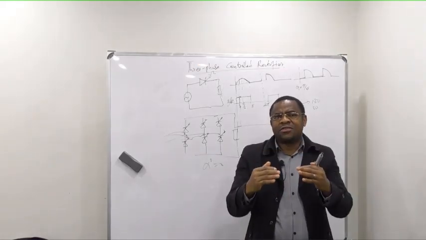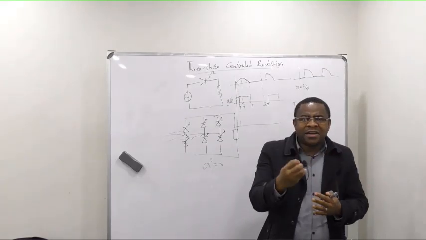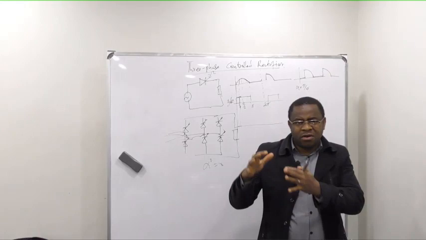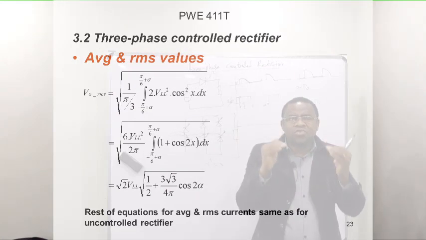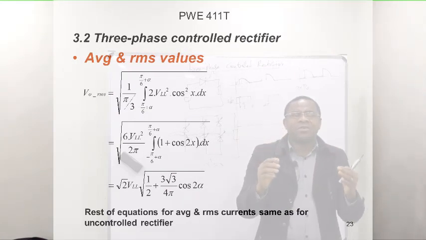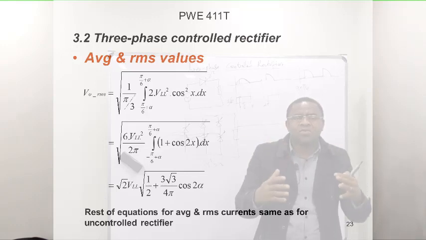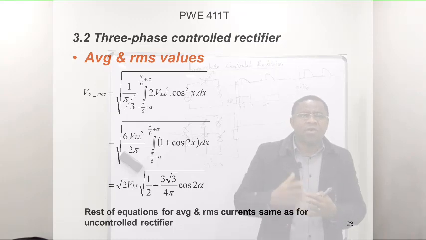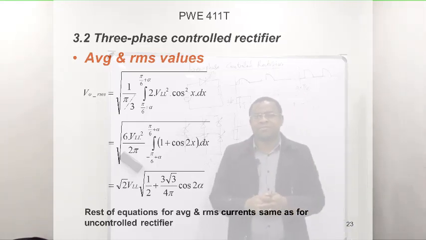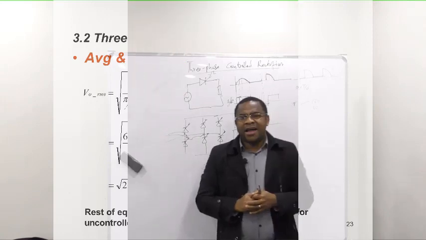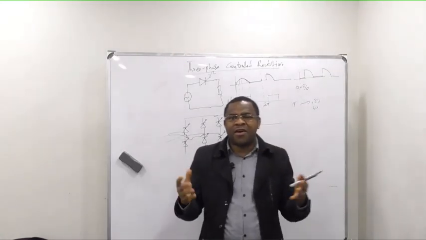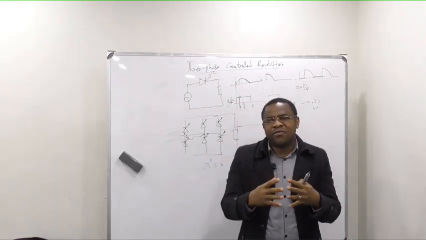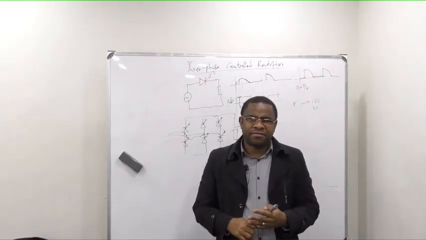The VRMS value on the DC side is root 2 VLL multiplied by the square root of 1 over 2 plus 3 root 3 over 4 cos 2 alpha. The rest of the equations for average and RMS currents are the same as for the uncontrolled rectifier.